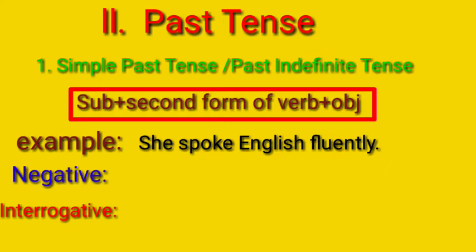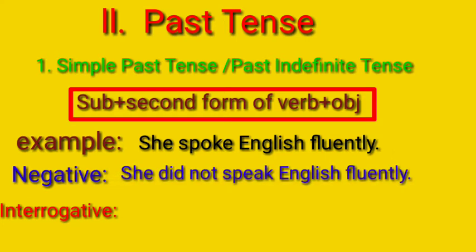In simple past tense, we use did as the auxiliary verb to change one sentence into negative and to convert one sentence into interrogative. We can write she did not, then the first form of the verb spoke. What is the first form of the verb? Speak.